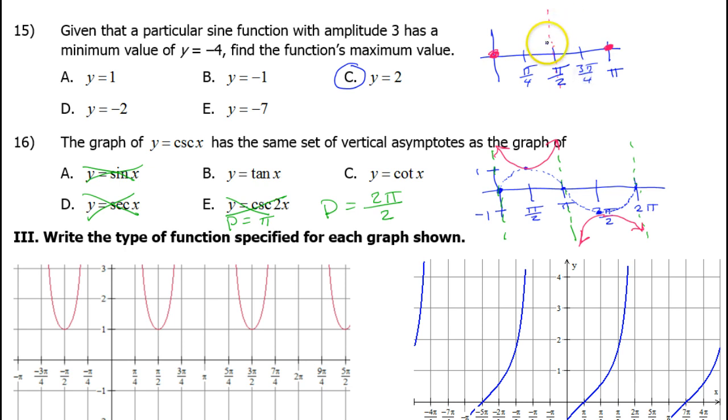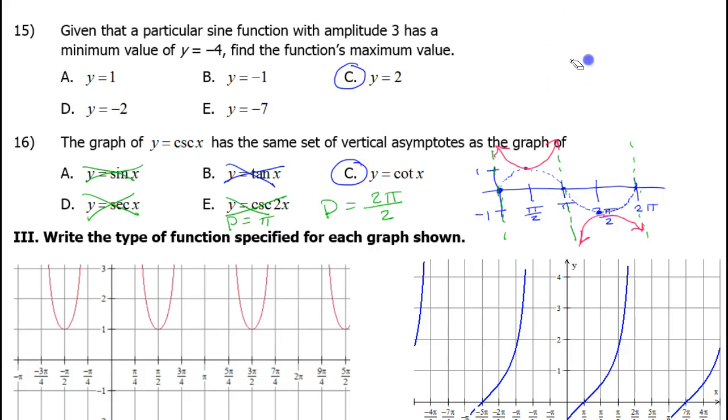But notice I have an asymptote at pi over 2. Do we have an asymptote at pi over 2 for the cosecant function? No. So that means it's not going to be tangent. That means the answer is going to be C, right? That's the only one that's left. But now let's take a closer look and see why that is.